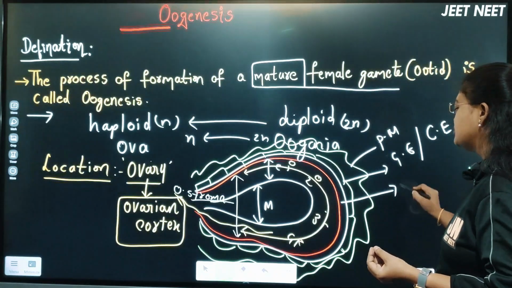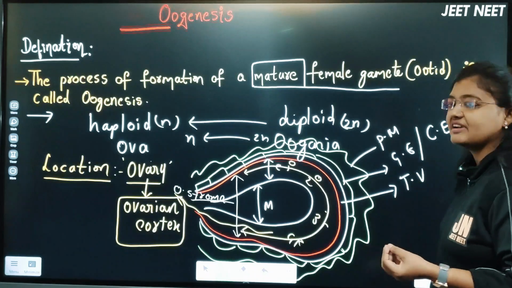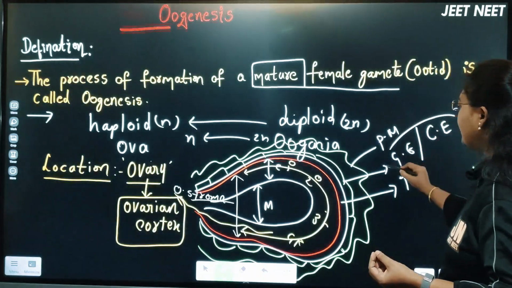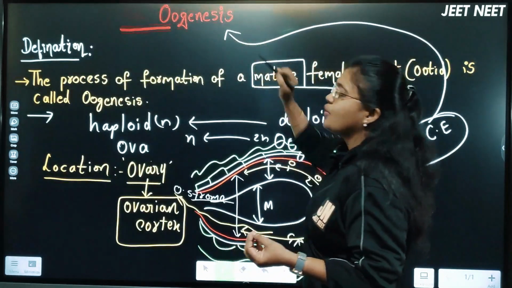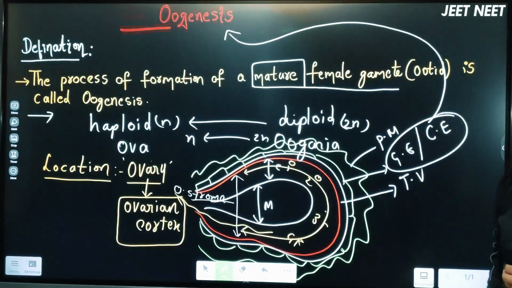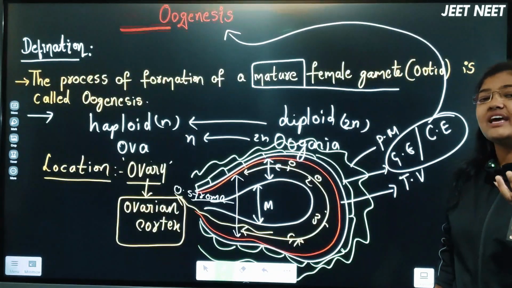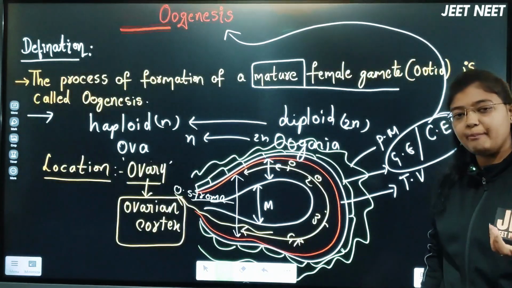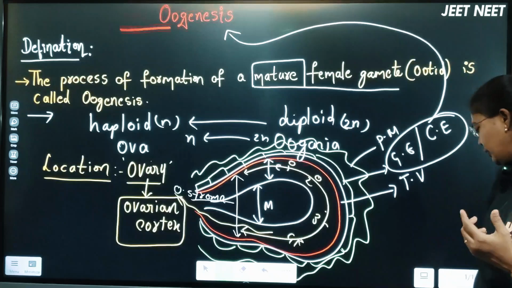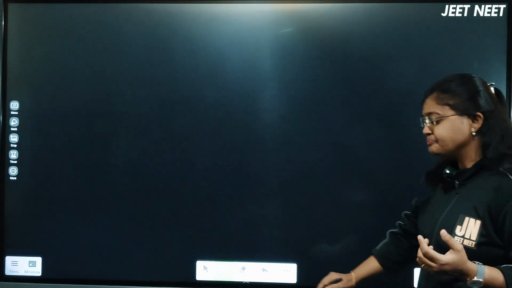The inner one we call the tunica vaginalis. This cuboidal epithelium only will undergo the process called oogenesis. I hope I am clear. This is the exact location where the oogenesis process happens in the female body. Okay, right. Next one.